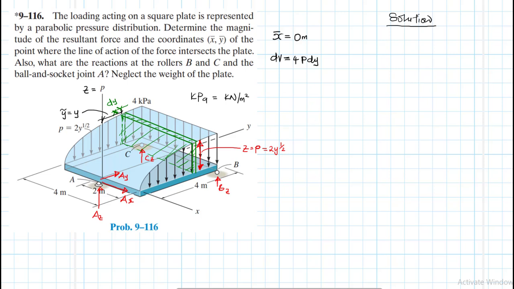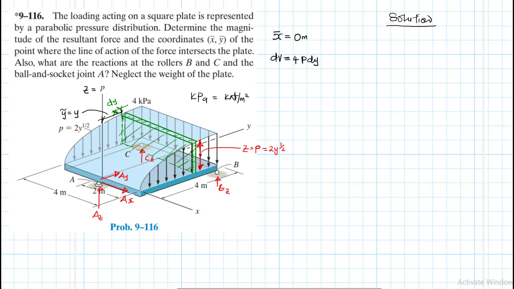So if we were to expand this in this direction, because this is where the change is taking place along the y-axis, by expanding it we mean we sum up all these small slices from the start to the end, that is from 0 to 4. So we are going to use integration, of course. To sum up all these, we just need to integrate on both sides.